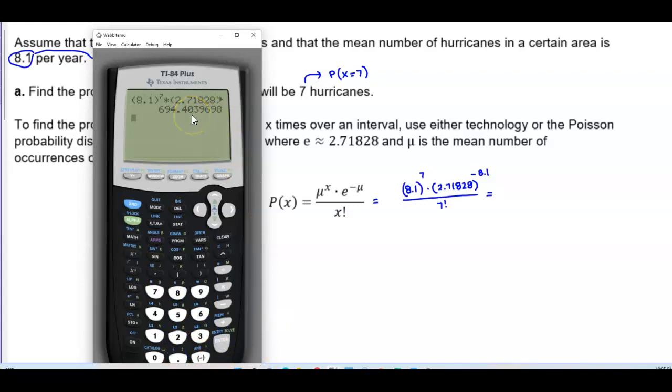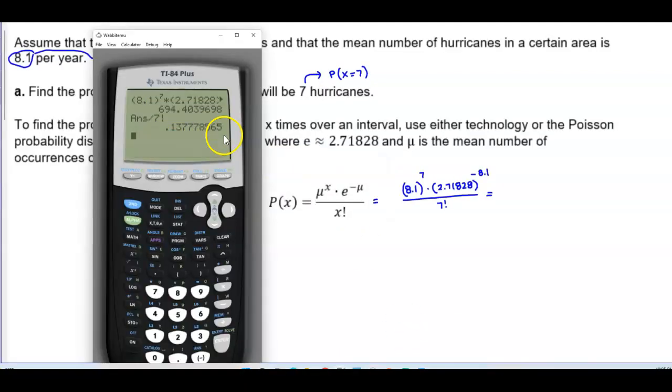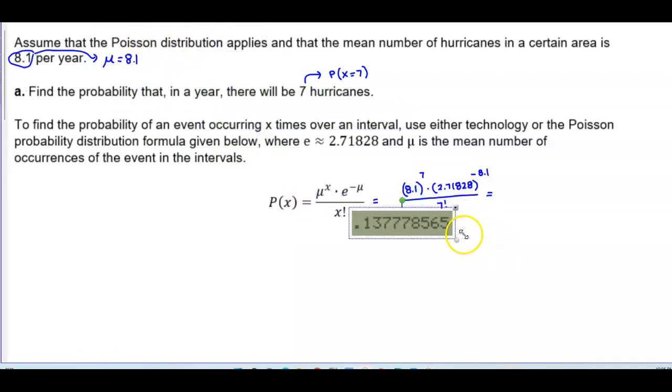Okay, so there's our result. Now what we need to do is divide it by 7 factorial. So we'll put 7, and then we're going to go to math, and then scroll to the right where it says PRB for probability, and then go all the way down to 4. And then hit enter, and then we're going to put in our answer there, and then we're going to compare it to what it would look like on StatCrunch. So here is our result by using the calculator.